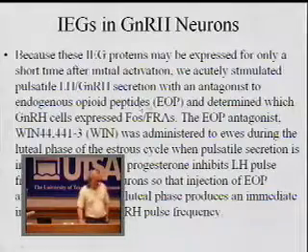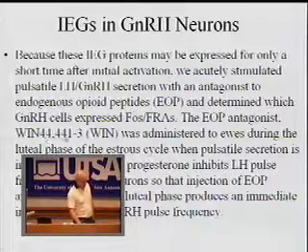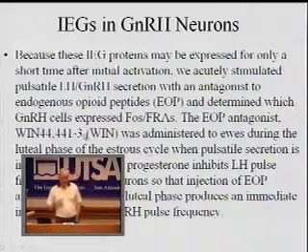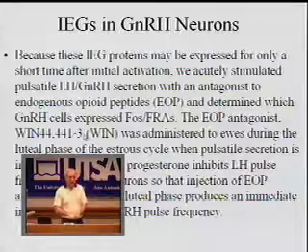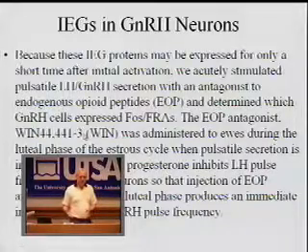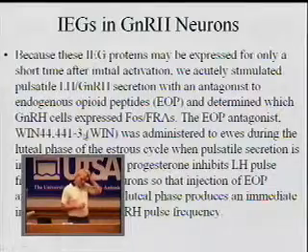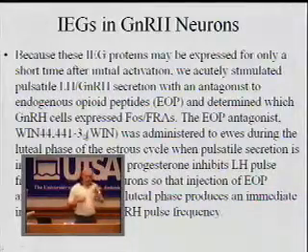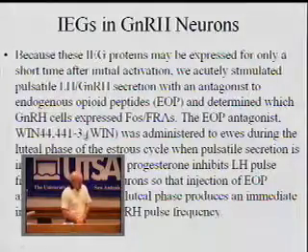So if you throw in an antagonist to the endogenous opioid peptides, this Win 44441-3, or just Win, it will block the opioid receptors during a phase of the estrus cycle when they should be actively occupied by the opioid being released. I think dynorphin was one of the opioids that we saw in those illustrations.